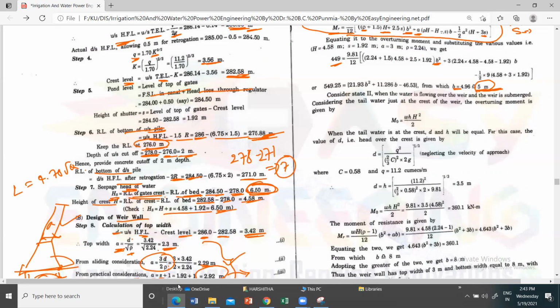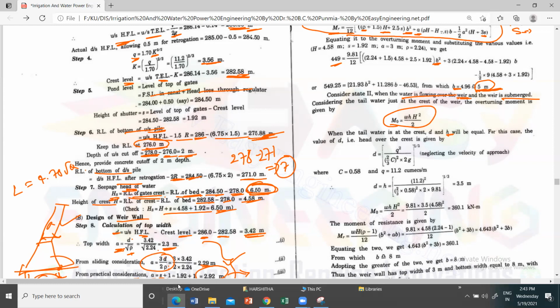Now, when the water is flowing over the weir and the weir is submerged, this is the overturning moment formula: M naught is equal to small w h into H square by 2, where small h is the head available above the crest of the weir, that is the crest of the gate.